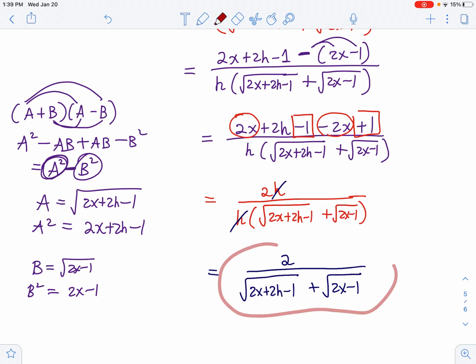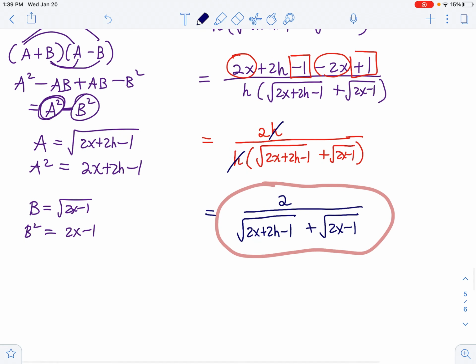Voila, we're done. So we're happy now because we don't have a single h in the denominator. Even if I plug in h equals 0, we're still going to have something other than 0. So that's what we had to do.